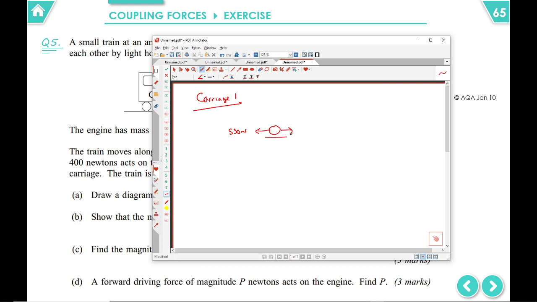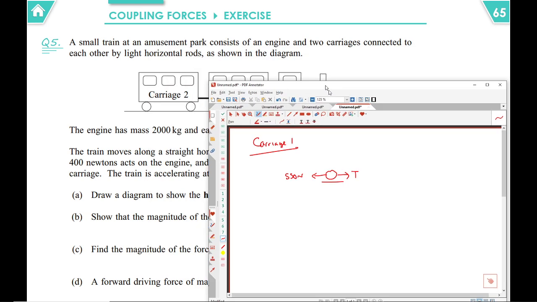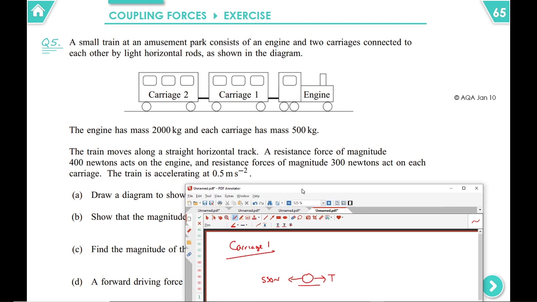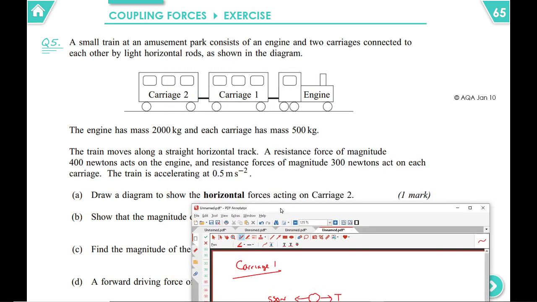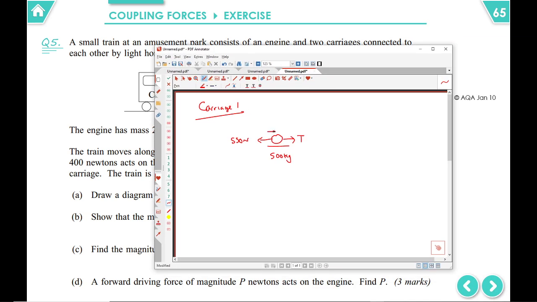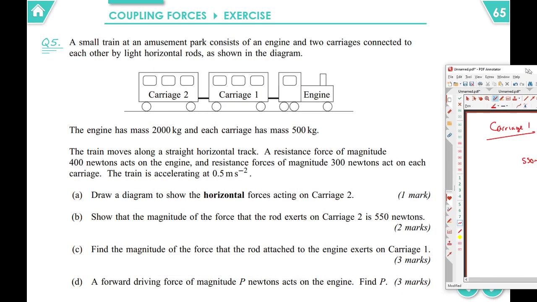The one we're trying to find is this one here. We'll call that T. Each carriage has a mass of 500 kilograms, and the whole thing is accelerating at 0.5 meters per second squared. Let's just check that's all of the information and we haven't missed anything.